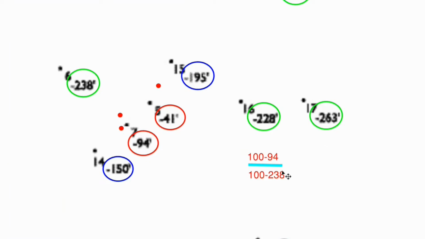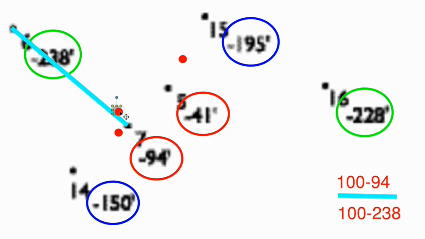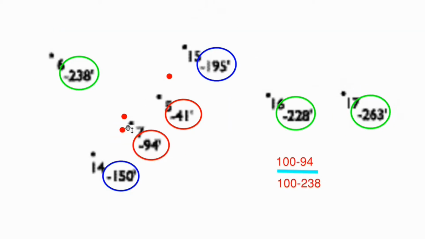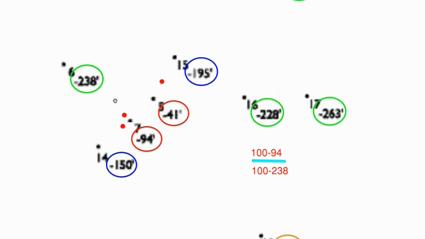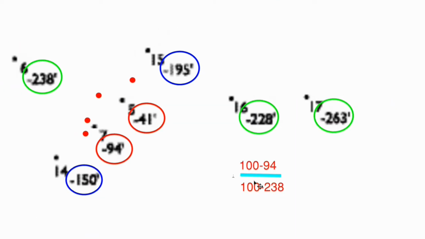So that's about 4% of the way across. Okay, so you could draw a line from this point to this point. And visually, 4% is going to be much closer to 94. So we'll say that. And I moved this one further out because this is going to be closer to 150 than it would be to 238.